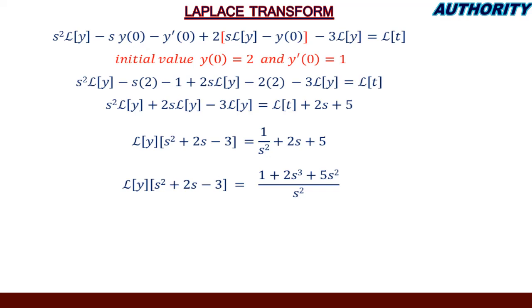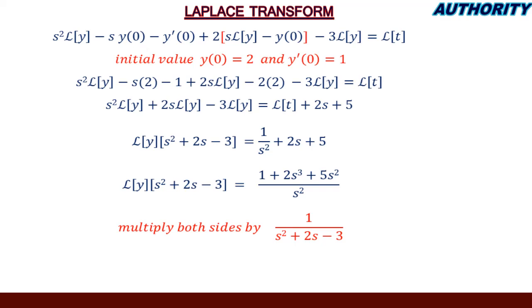Now, let's make the Laplace transform of y the subject by dividing both sides by the coefficient, or multiplying both sides by the inverse of the coefficient, which is going to give us 1 all over s squared plus 2s minus 3, so that the Laplace transform of y will stand alone.